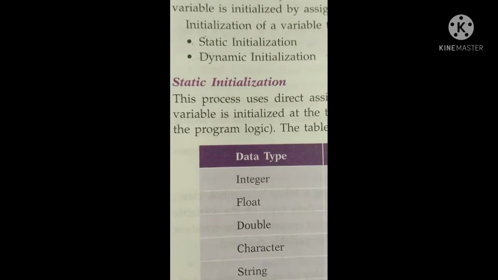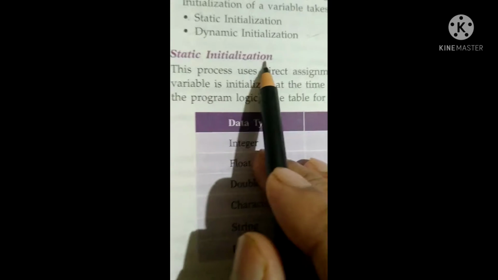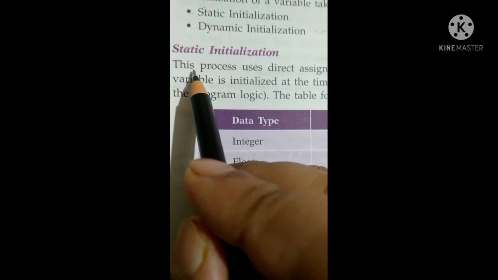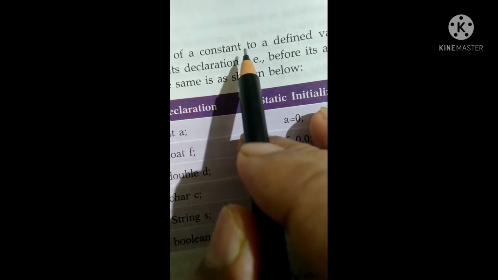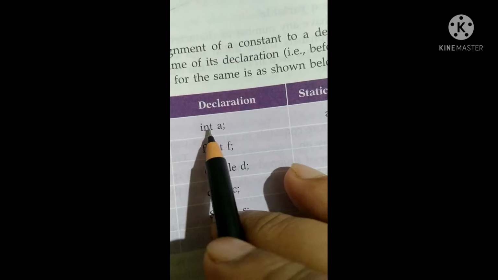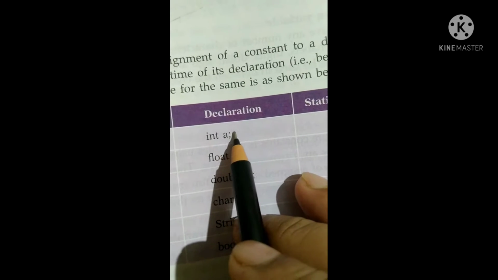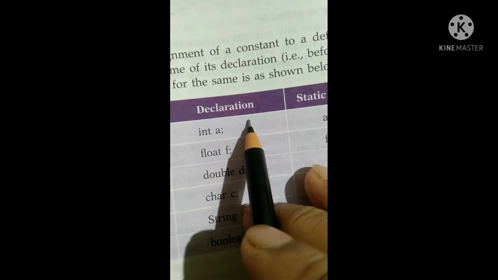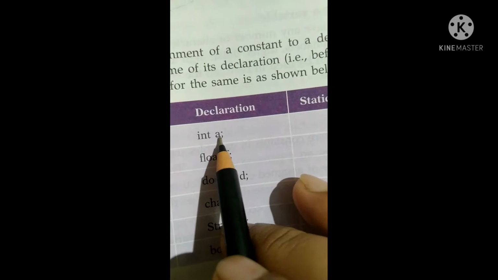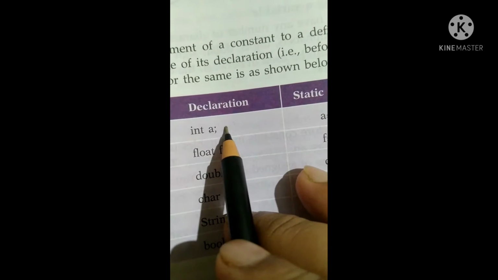Here, static initialization first. Let us understand more about this. This process uses direct assignment of a constant to a defined variable. Suppose int a equal to 5. It means we have given variable a the value 5.